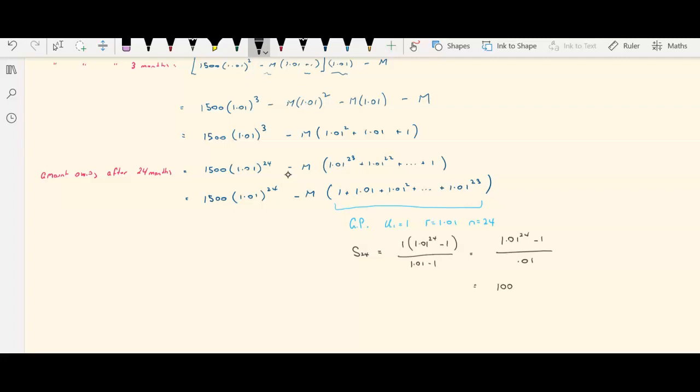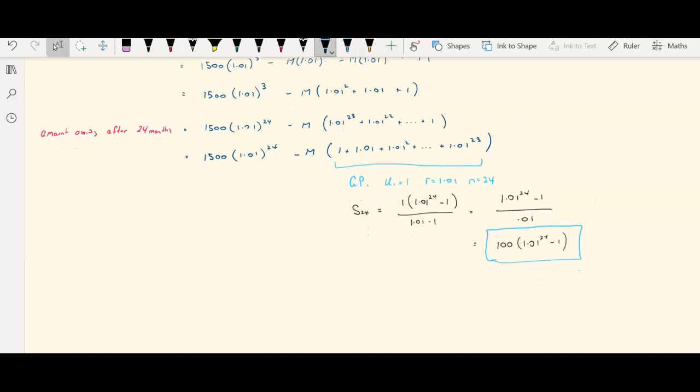So I end up with 100 by 1.01 to the power of 24 minus 1. And pop that in brackets. Okay, so that there is the sum of what's in the brackets there outside my M. So therefore, I've got a new and improved statement here for my amount owing after 24 months. It's 1,500 by 1.01 to the power of 24 minus M by 100 by 1.01 to the power of 24 minus 1.